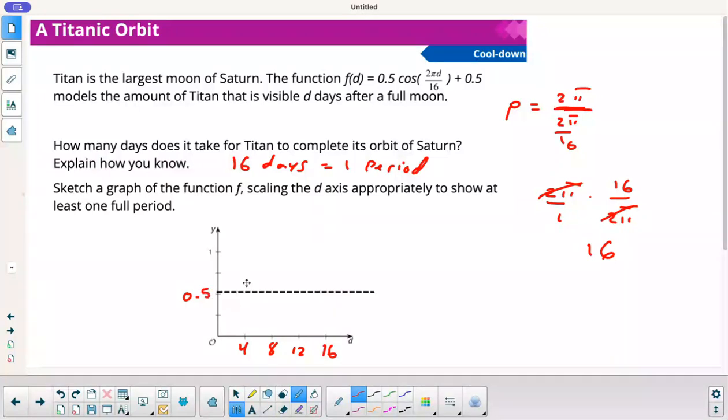So we start at a full moon right here. 4 days, we're at half. 8 days, we're down to 0. 12 back up to half. 16 back to a full moon. And it'll look something like that.